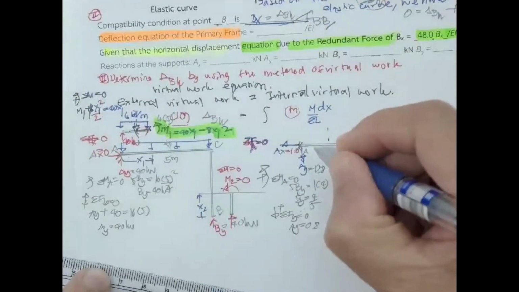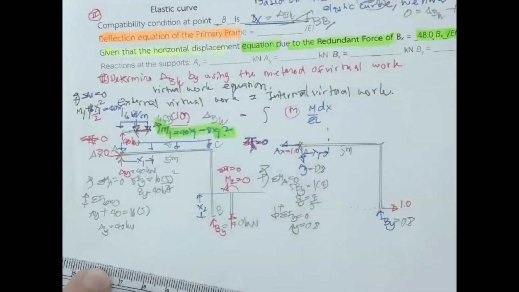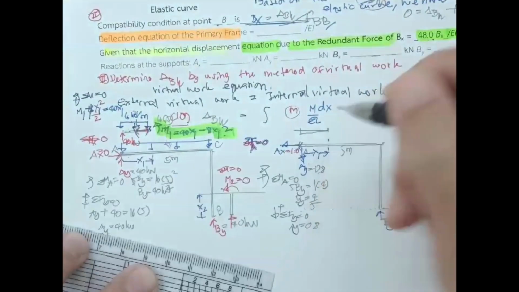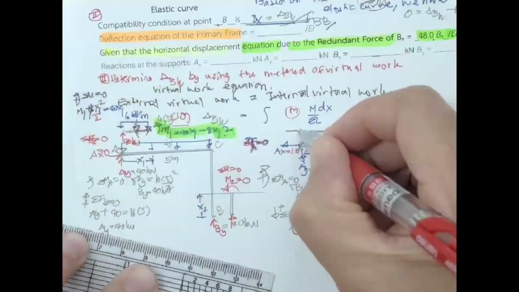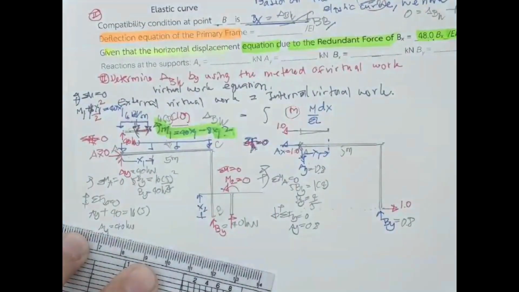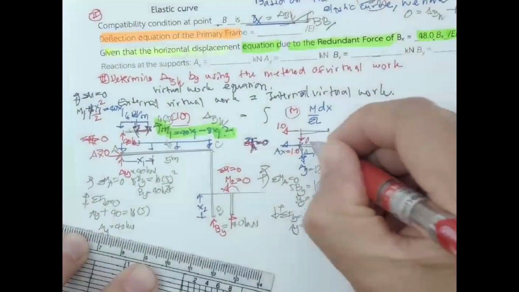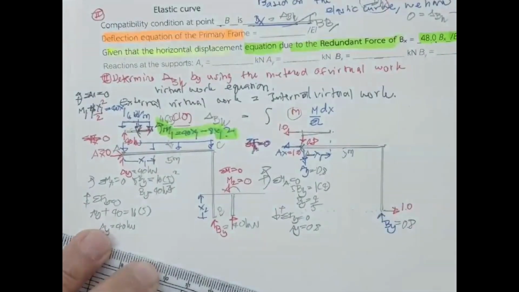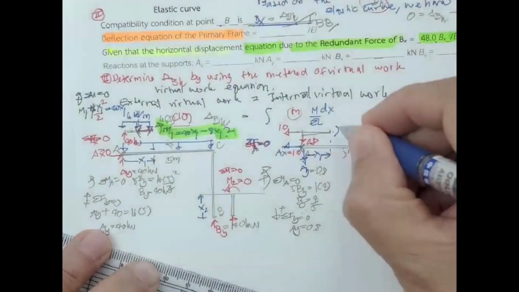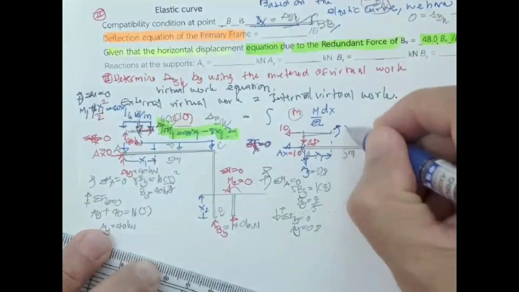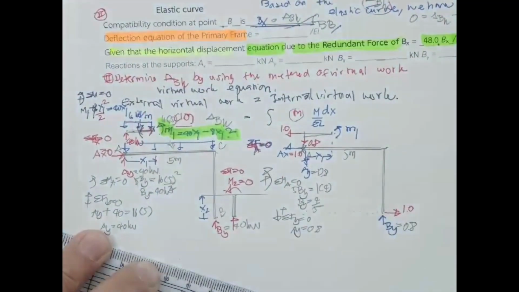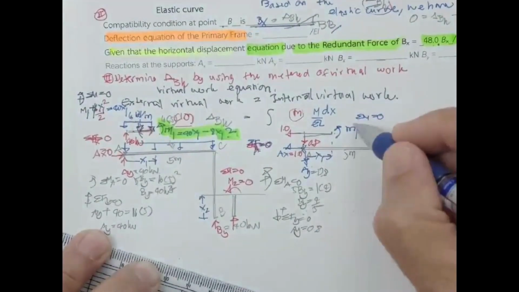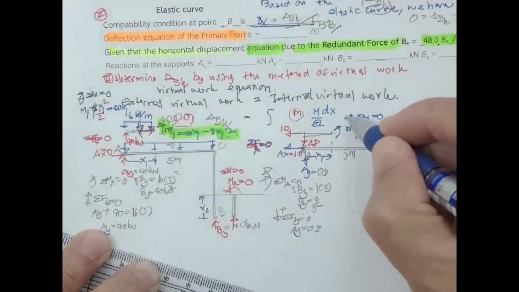Based upon the same, putting this one to be x1, you have the portion of the frame subjected to this 1.0 and this 0.8. And then this one is going to be small m. You have to put it in the same direction, small m. Okay, and then summation of the moment equal to 0 in this direction, positive.